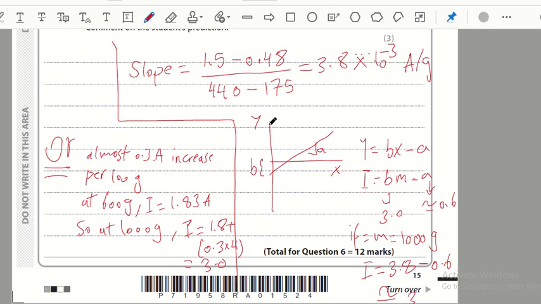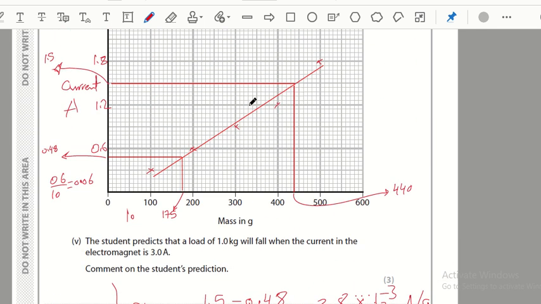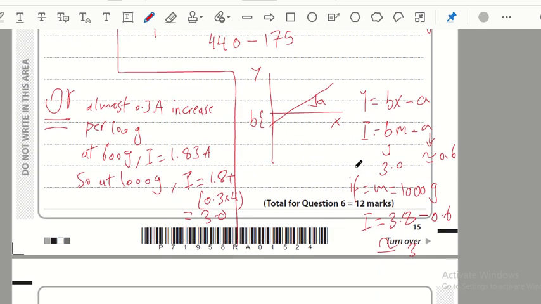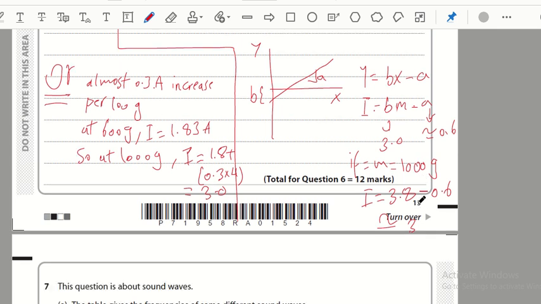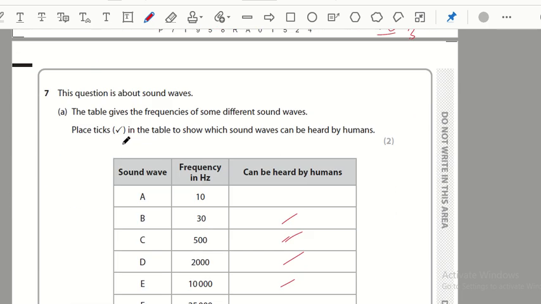The slope you calculate by choosing any 2 points of the line and getting their y and x coordinates. Using the equation that represents the line, you can find the value of I by introducing a value of m of 1000 gram. It should also be 3. Okay, choose the simplest one. I suppose it is this method.